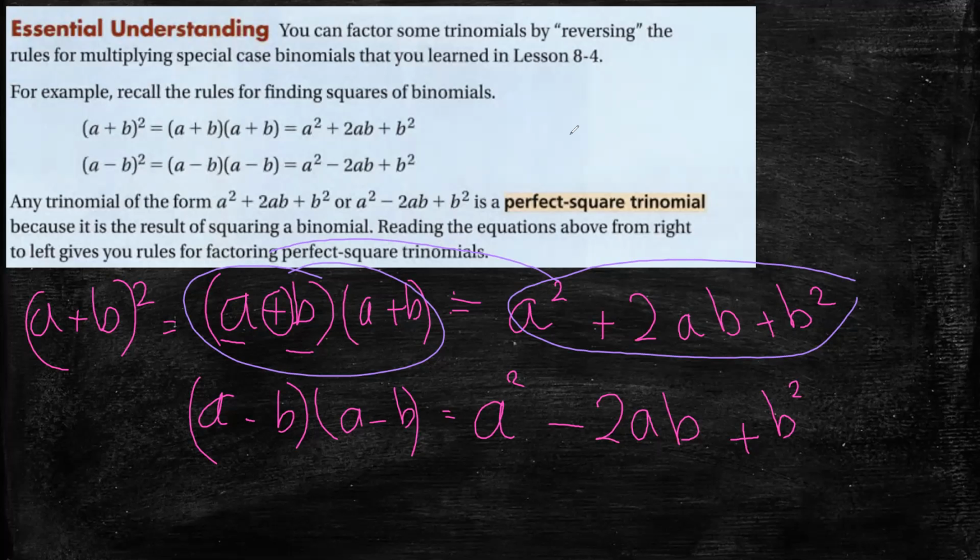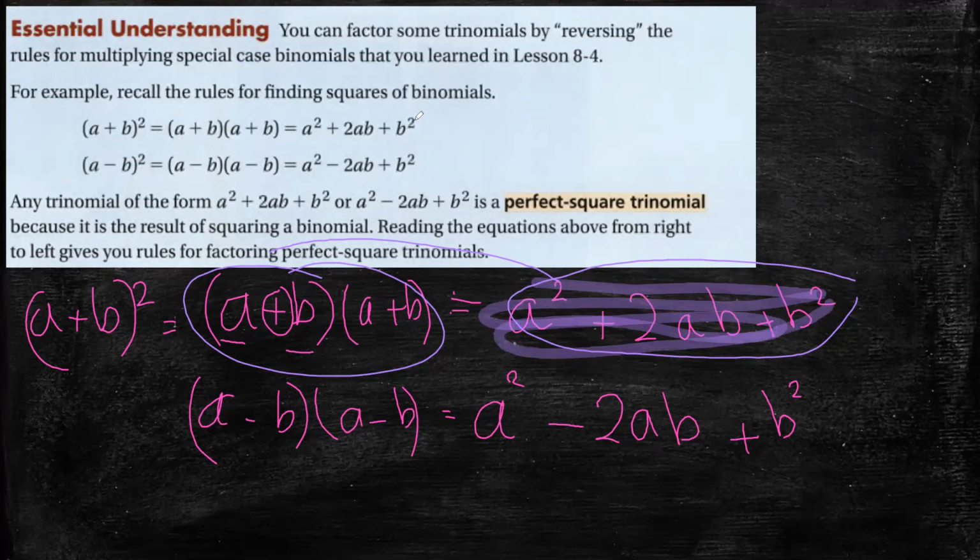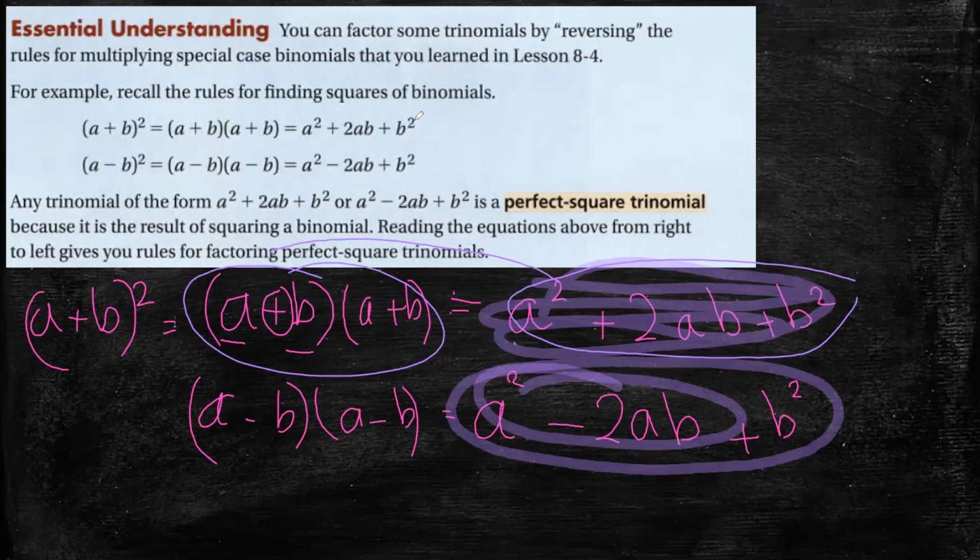Here we will make a reverse. We factor the trinomial into two binomial expressions. This trinomial and this trinomial, we call them a perfect square trinomial. And in this lesson today, we will learn how we can factorize the perfect square trinomial.